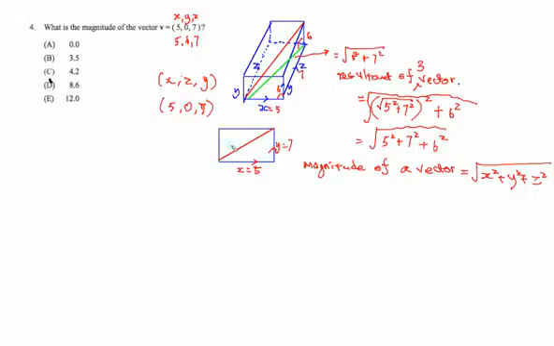So to find the magnitude of it is very simple. You just take the square root of 5 square plus 7 square.